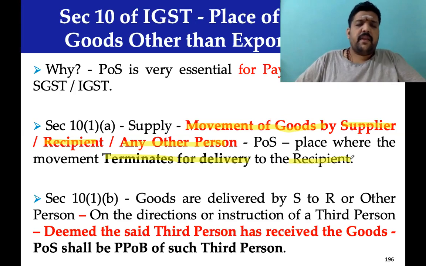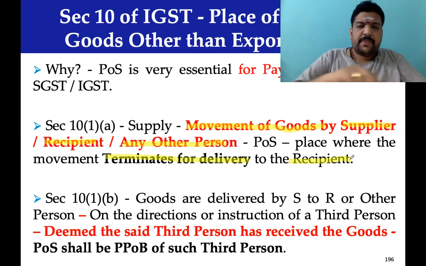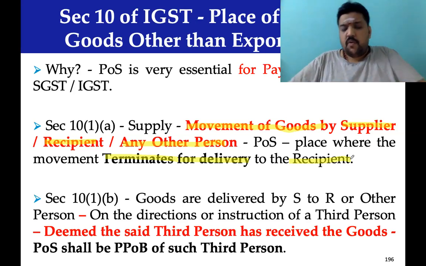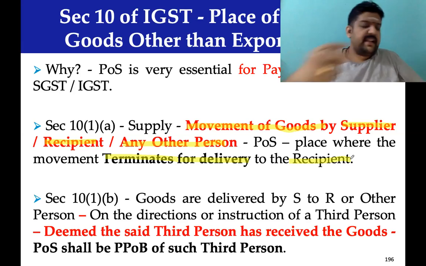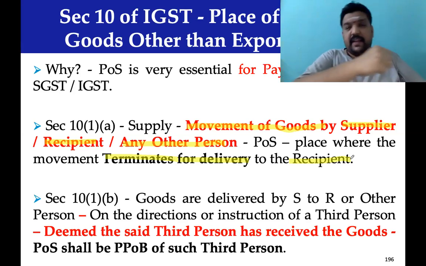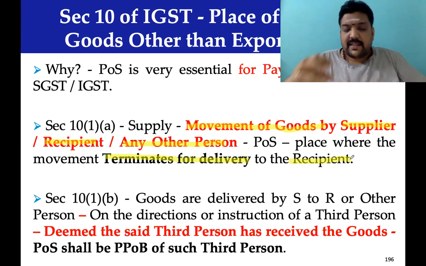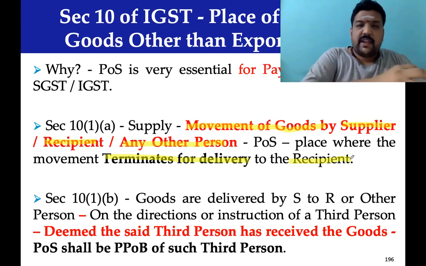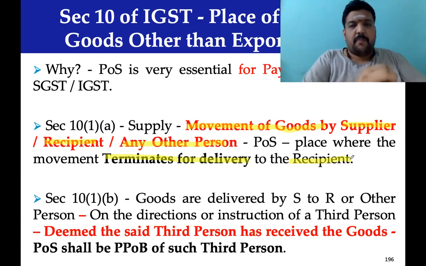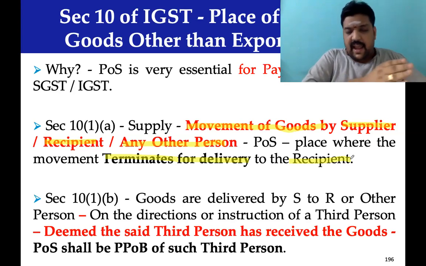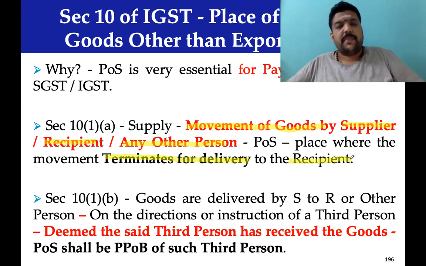Sir, it's not necessary that the movement is carried out by the supplier. This time the other way around. Movement of goods is carried out by the recipient. Recipient sent his lorry, picked the material and brings. Again, kindly make a note. Recipient sent the lorry, procured the material, and recipient moved the goods.